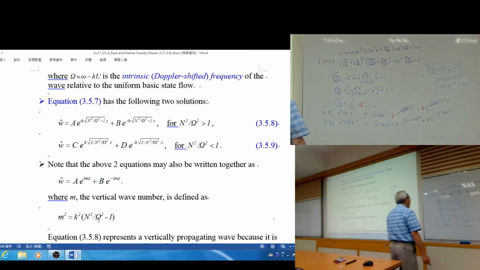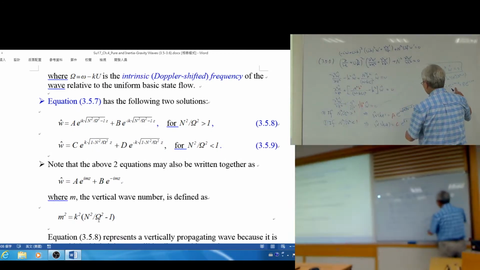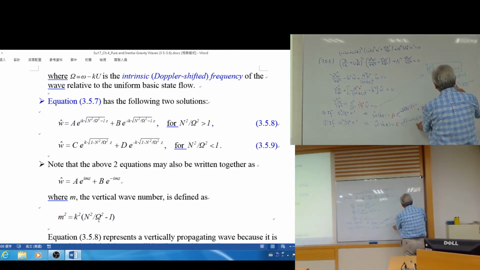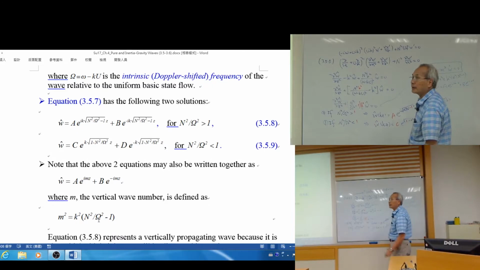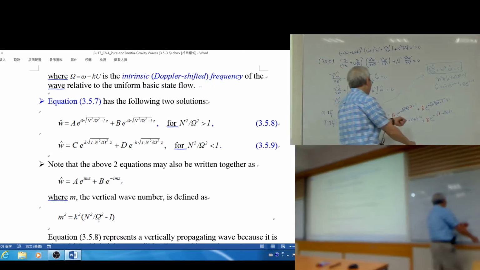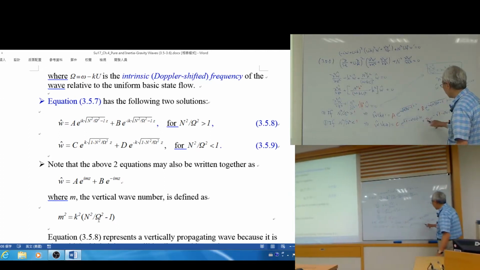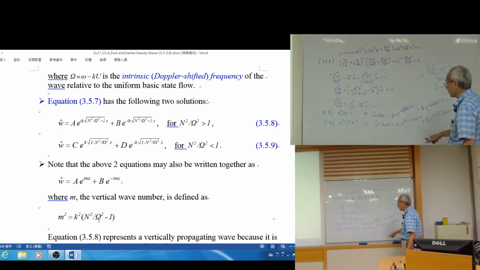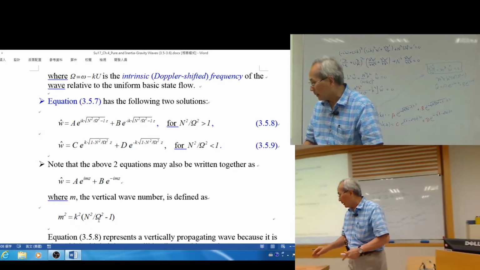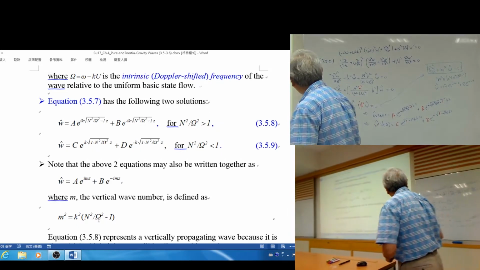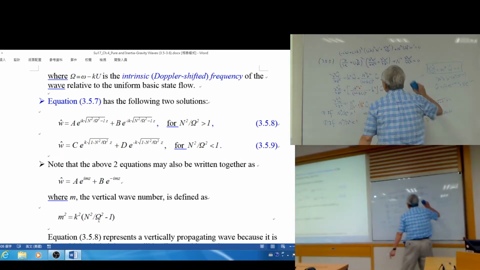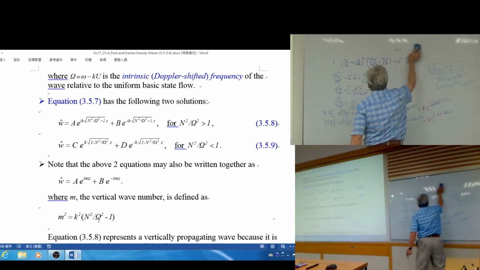Of course, this one is identical to that one, but for this one, m is imaginary, so it will be reduced to this one. I do it this way to make it easier to understand the physics. Next, let's try to see the physical meaning of these two solutions. Let's look at case one first.